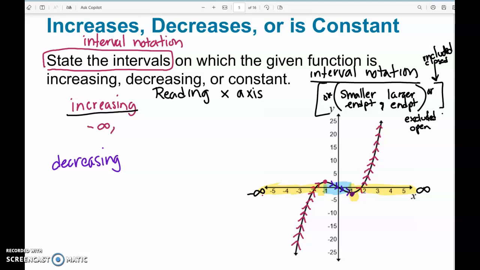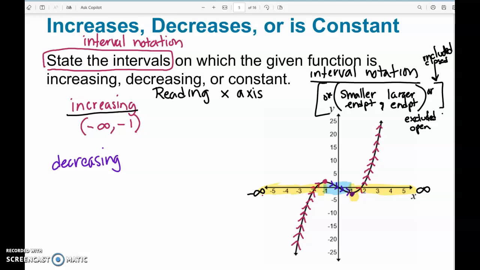The larger endpoint is -1. So we're talking about any number smaller than -1 is an increasing interval. Infinity, whether it's negative or positive, will have an open interval. And -1, that's the turning point. So it's not included in the increasing or the decreasing. So we call it an open interval.